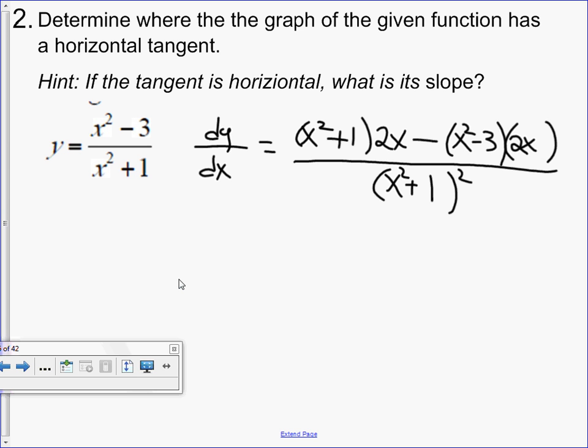So we want to find out where that's 0. It's a fraction, so what do we do? Set the numerator equal to 0 and see if we can solve that.